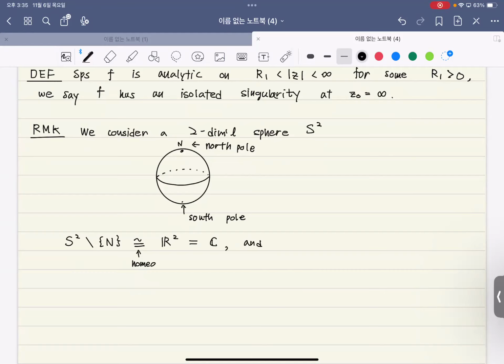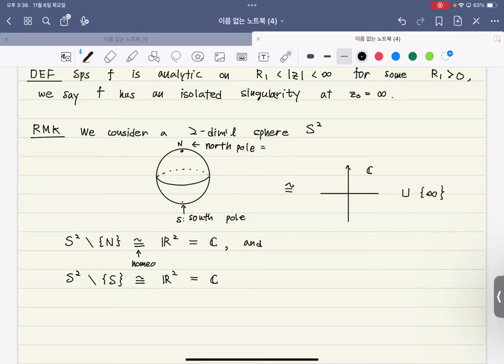And the same is true if I get rid of the South Pole. Then this is homeomorphic to R2, but this is C. So this is what I mean: this entire two-dimensional space is the same as the complex plane union with some other point outside of this complex plane.